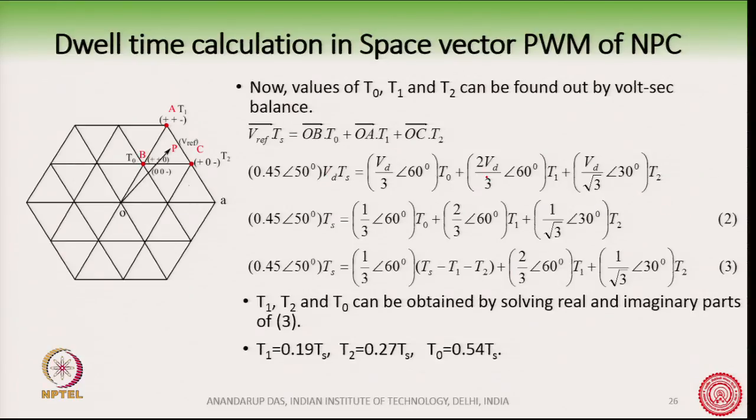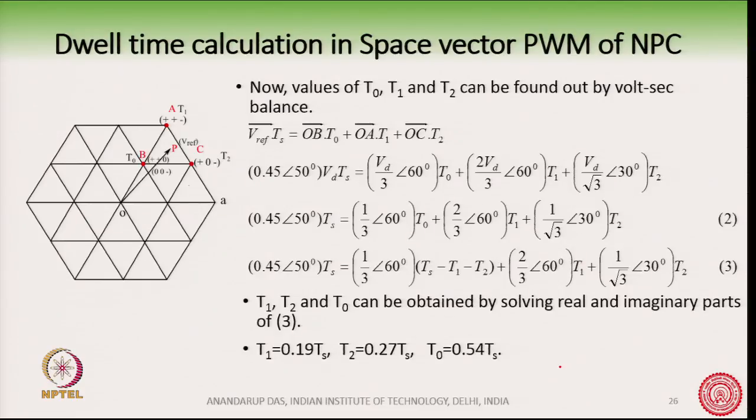Okay. So, once you put these values, then it is possible for you to find out T1, T2 and T0 by solving the real and imaginary parts of equation 3. So, then you find that T1 is equal to 0.19 Ts, T2 is 0.27 Ts and T0 is 0.54 Ts.